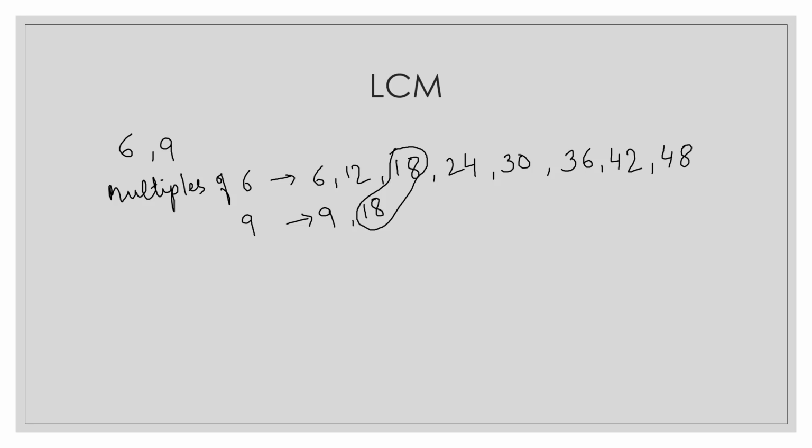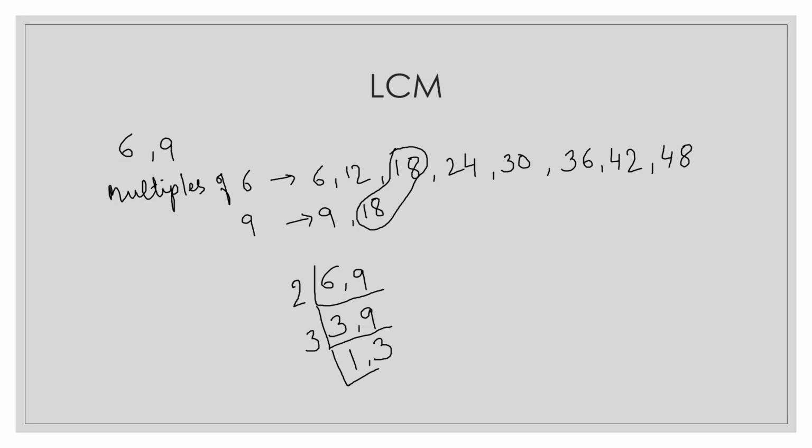Now this is for small numbers, you can do it like this, but there is another method which you must have used in your earlier class, which can help you to resolve the big numbers also. What we do is we write it like this, and then you put the lowest number to start with, 2 here. Now 3 into 2 is 6, and 9 will not be divided by 2. I'll leave it as it is. And then we'll put 3 here, and this will be 1 and 3.